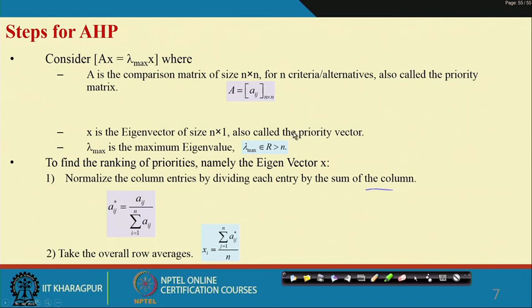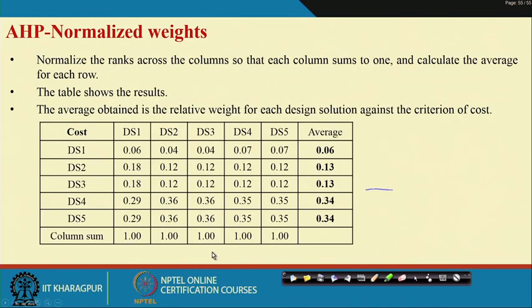It depends on how many alternatives there are. Okay, row average. So, take the average: this plus this plus this plus this plus this divided by 5, this is the first row average, then the second row average, third row average, like this. Okay. So, that means this is our x, the priority vector of the design alternatives with reference to cost.